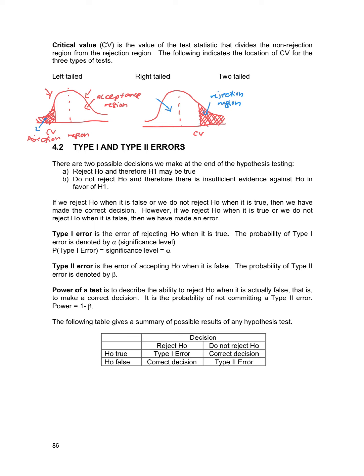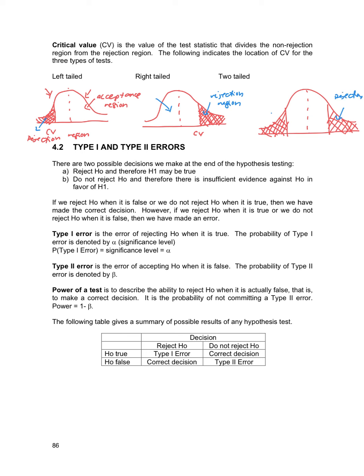Okay, kita tengok two-tail pula. Okay, this is the region dia. Kalau two-tail, kita kena tengok ada dua side, kiri dan kanan. Okay, this is left side, this is right side. So, maksudnya yang saya lorekkan tu adalah dia punya rejection region.